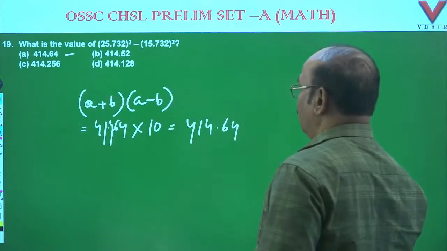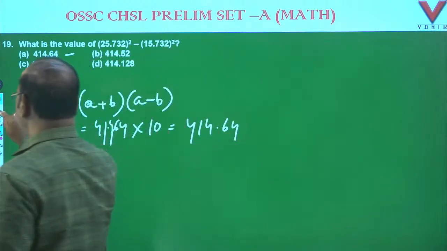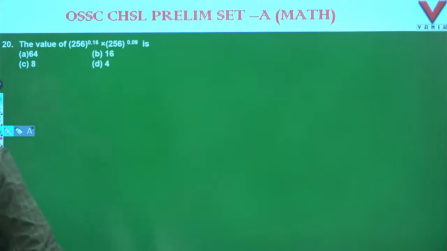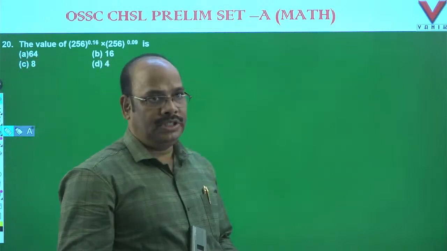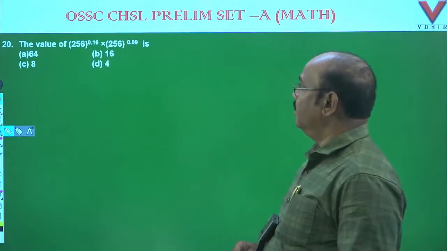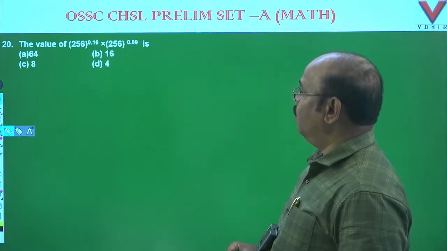Next, number 20. The value of 256 to the power 0.16 into 256 to the power 0.09.